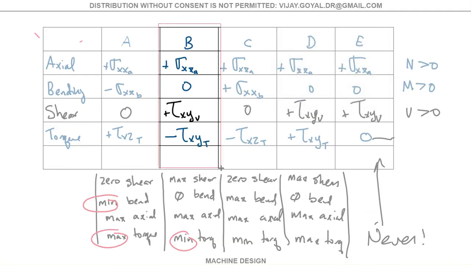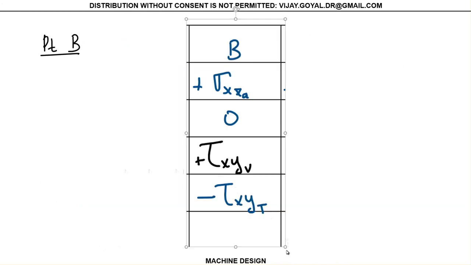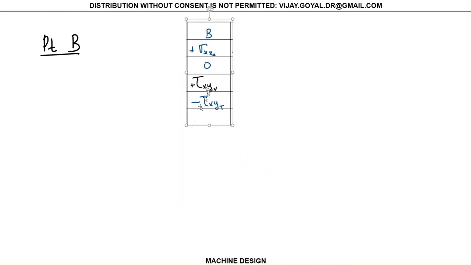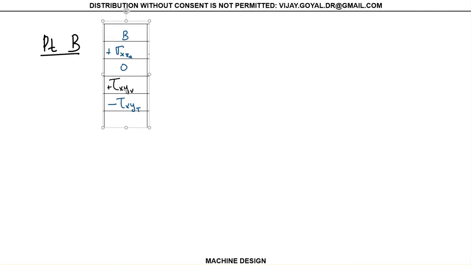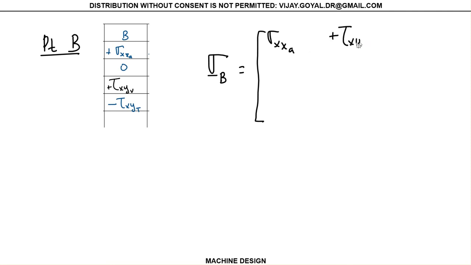This is my point B. So when I do my point B, the stator stress at point B will be sigma xx axial plus tau xy minus tau xy.